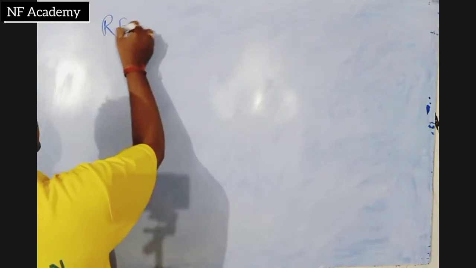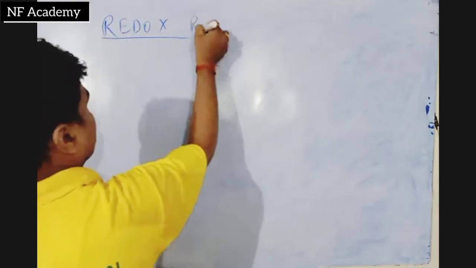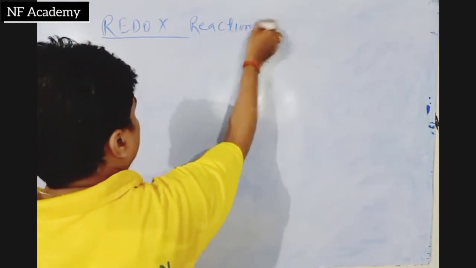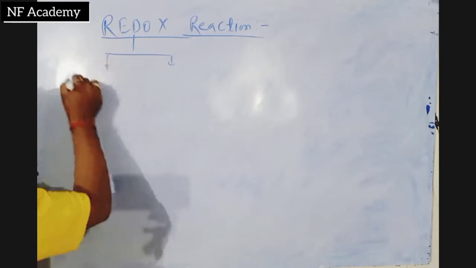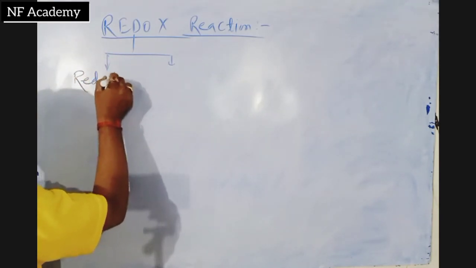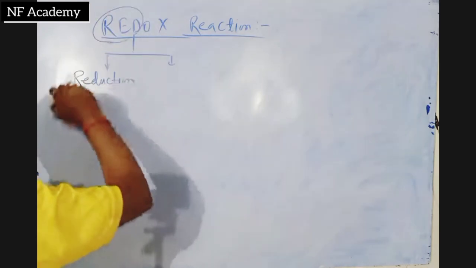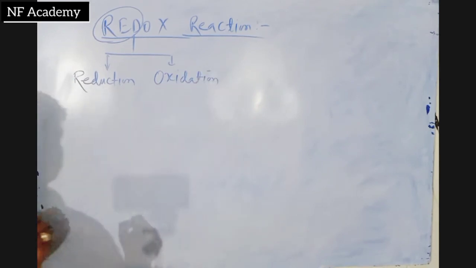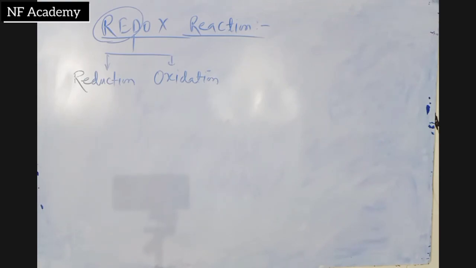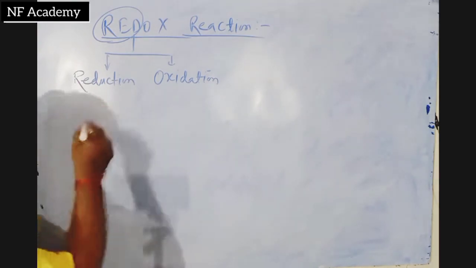So redox reaction is also a combination of two terms: one is RED, that is reduction, and OX, that is oxidation. So the reaction in which oxidation and reduction take place simultaneously, or you can say that the addition of electron as well as loss of electron take place simultaneously, that is called a redox reaction.